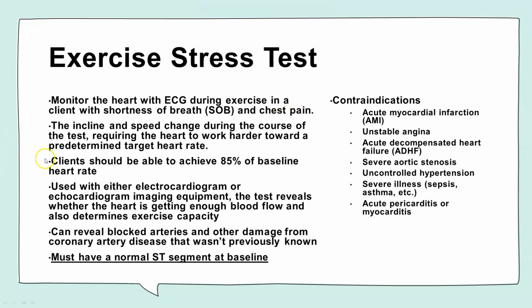Hopefully, we would like our clients to be able to achieve at least 85% of their baseline heart rate. We're going to use this information with all the other information that we have to make a decision for our clients. It can reveal some blocked arteries and other damage to the coronary arteries. But notice here what we're saying. The client must have a normal ST segment at baseline.